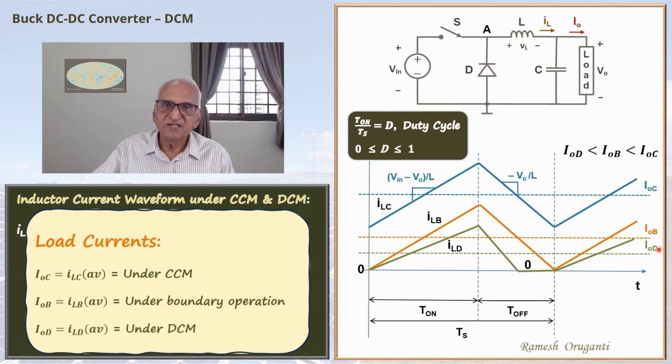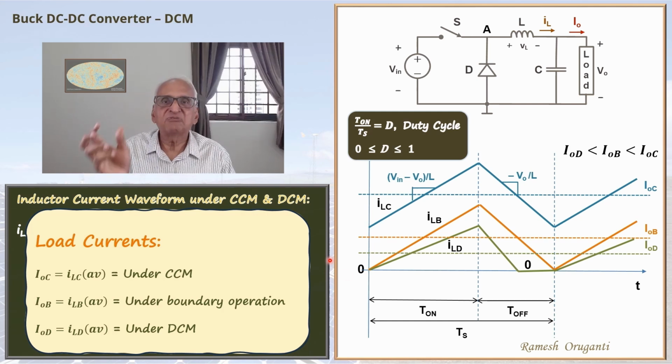We will see the detailed waveforms shortly and how they arise. The essential difference between continuous conduction mode operation and the discontinuous conduction mode of operation can be understood by seeing the blue curve and the green curve. Under CCM, or the continuous conduction mode of operation, there are two intervals within one period.